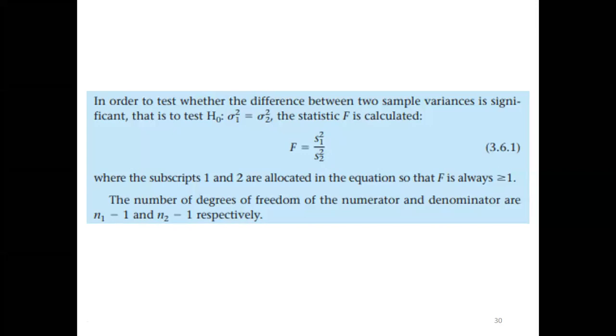We can calculate degree of freedom from the number of samples minus 1. If there are n samples, the degree of freedom is n minus 1. So in method 1, the degree of freedom is n1 minus 1. In method 2, the degree of freedom is n2 minus 1.